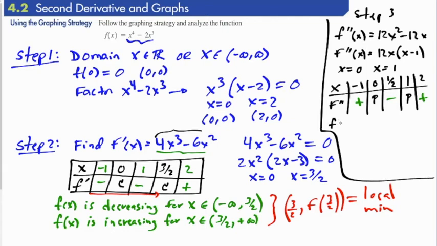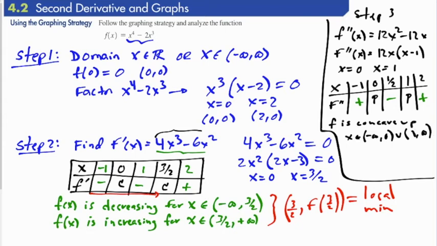So now we can say that f is concave up on the interval where x goes from -infinity up to 0, union 1 to infinity.